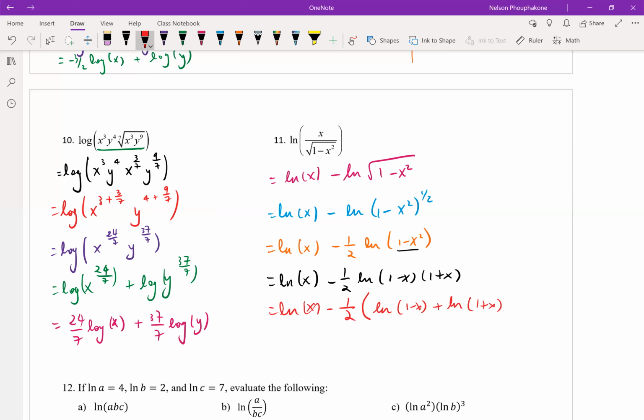Then. Almost done. Natural log of x minus 1/2 natural log of 1 minus x minus 1/2 natural log of 1 plus x. Okay. That's it.